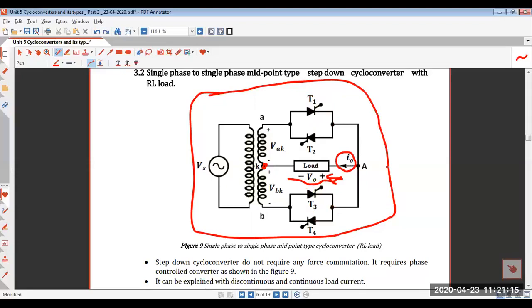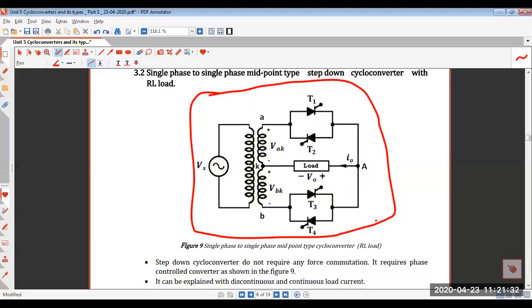Similarly, T2 and T4 are considered the negative group of SCRs, because the output voltage and current because of these two SCRs would be negative, right?